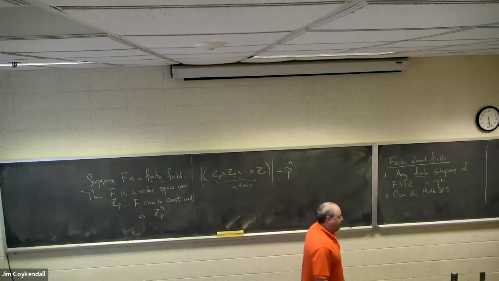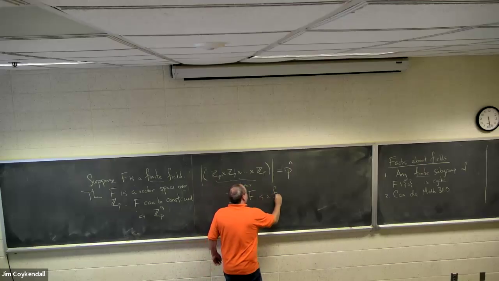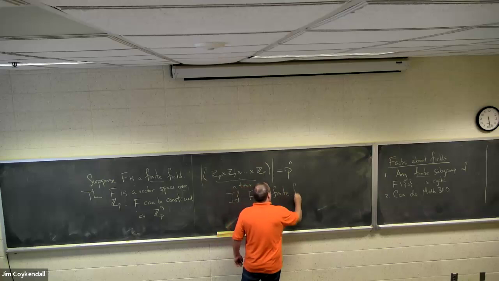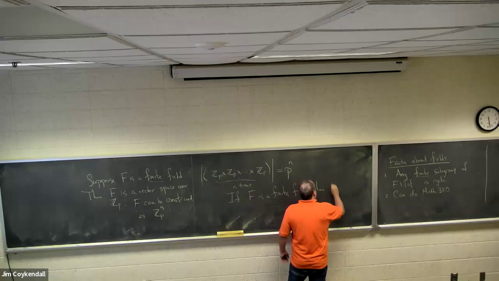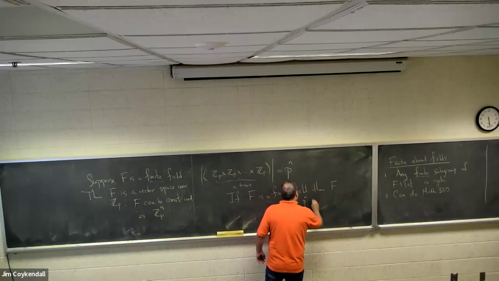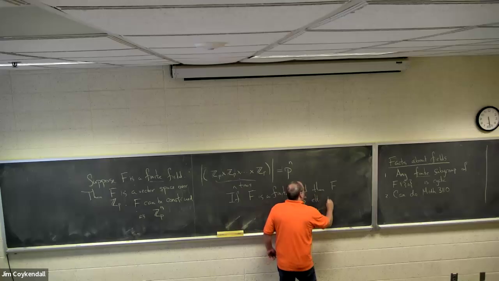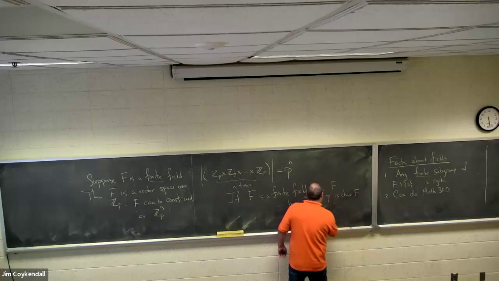So here it is, first theorem. If F is a finite field, then F has p^n elements, where p is the characteristic of F and n is some number.